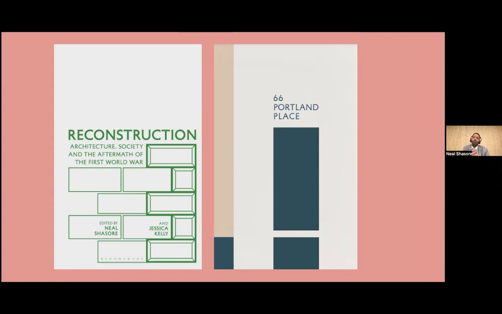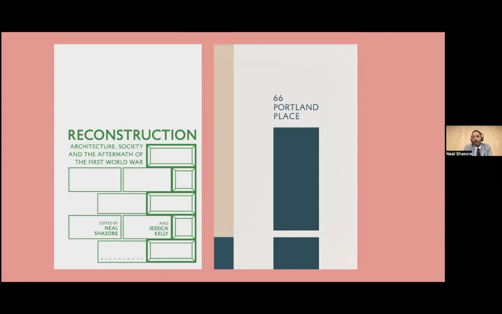So everything from the origins of the community centre as a typology through to the improved pubs movement by the private brewers, work on land reform, a whole range of different perspectives.